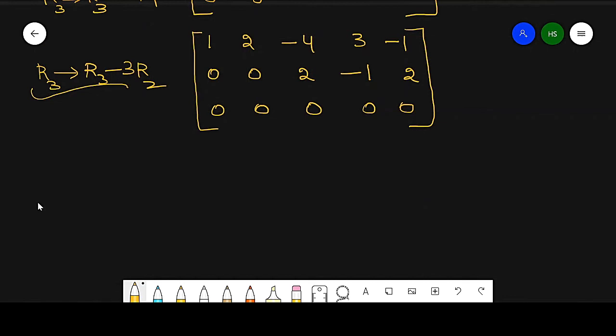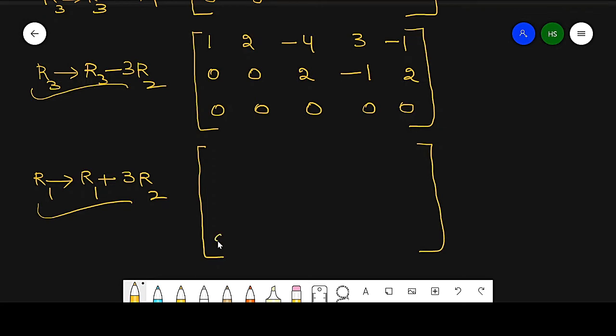Just R1 plus 2R2. So the third row is the same, and next is 0, 0, 2, minus 1, 2.